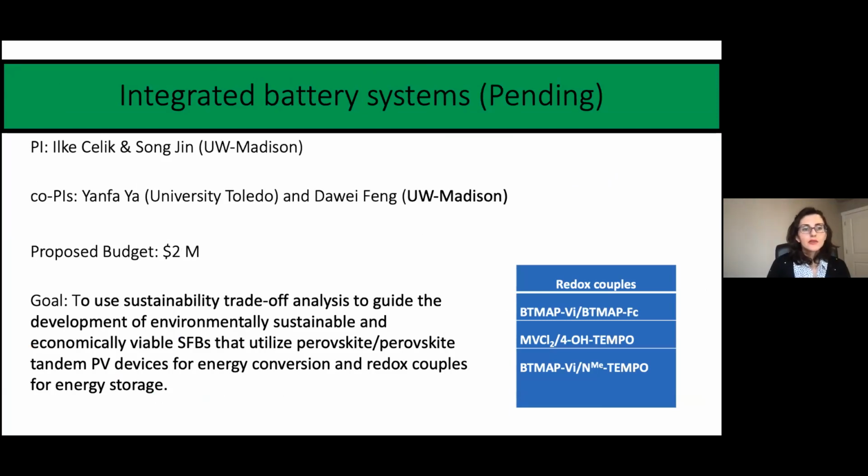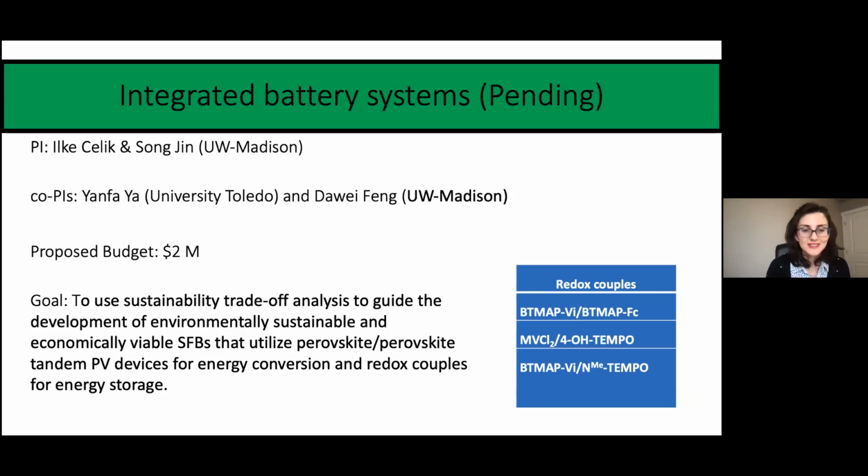And this is another research activity from my team. We are waiting for this project idea. So the idea is integrating perovskite technology with solar flow battery system. This idea brings University of Wisconsin Madison and University of Toledo and South Dakota University.